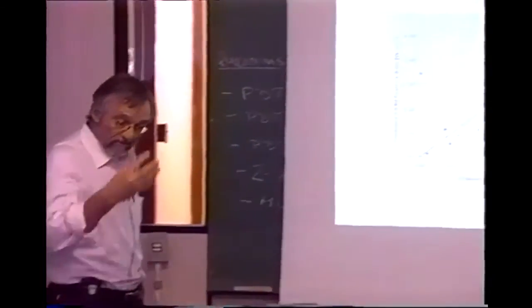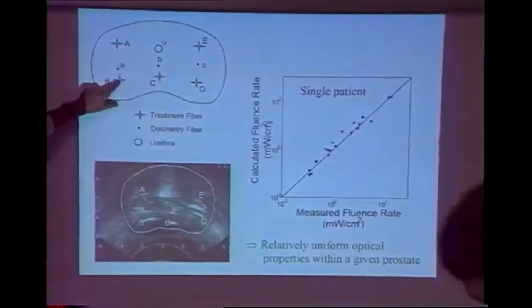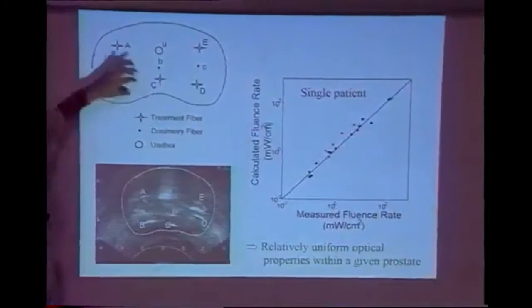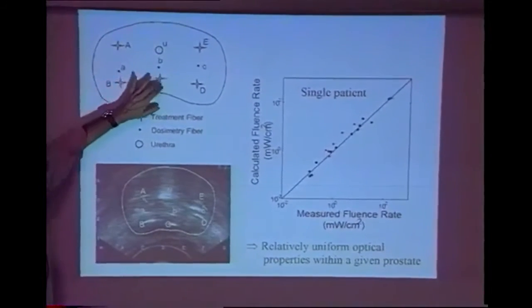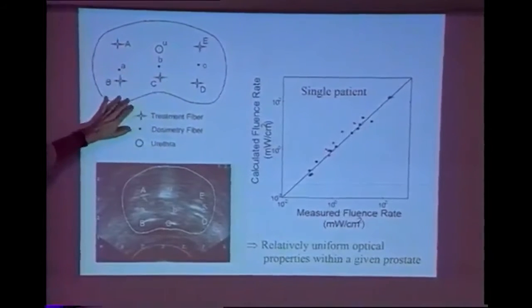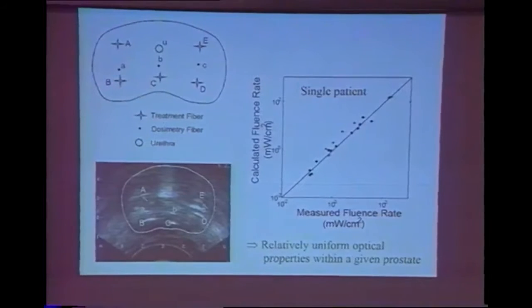And you can, from that, for example, if we have light coming out here, and we measure here, here, and here, you have measurements at 3 different distances. And so you can fit these data to a diffusion theory model and calculate the absorption and the scattering coefficients. In other words, you can get the optical properties of the tissues.